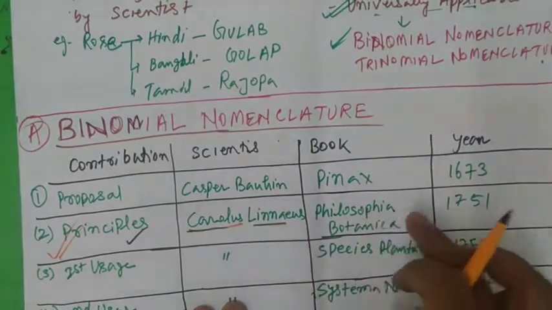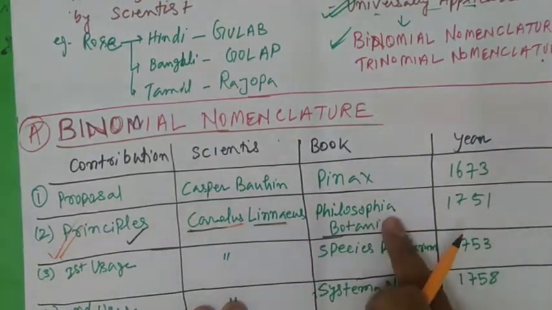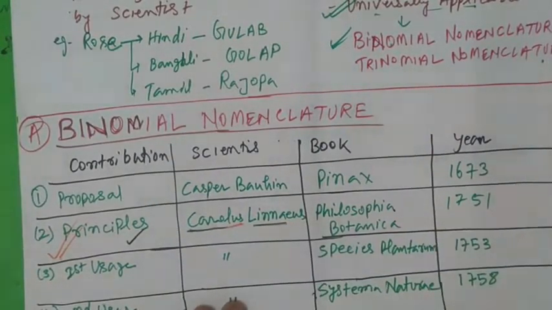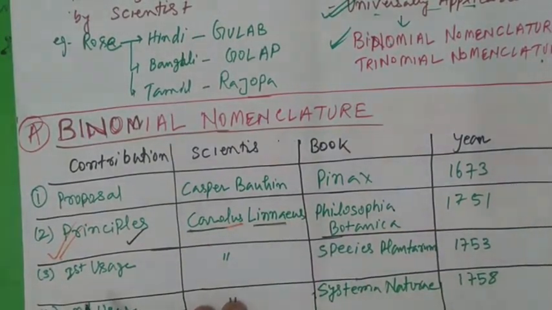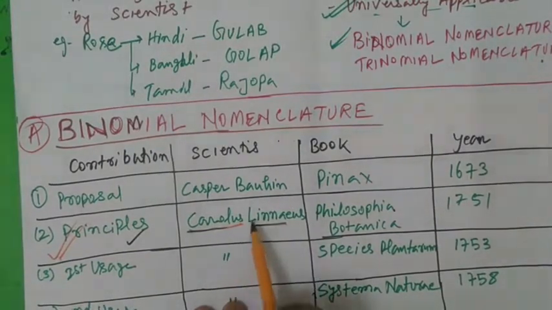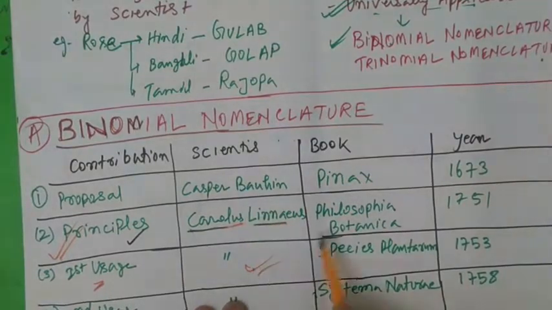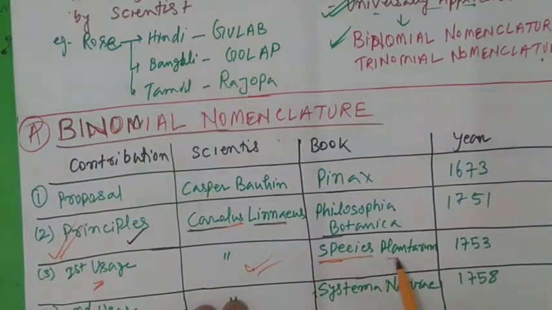But in this book, Philosophia Botanica, he did not mention any names. The first use of these principles was applied by the same scientist, Carolus Linnaeus, in his book Species Plantarum.